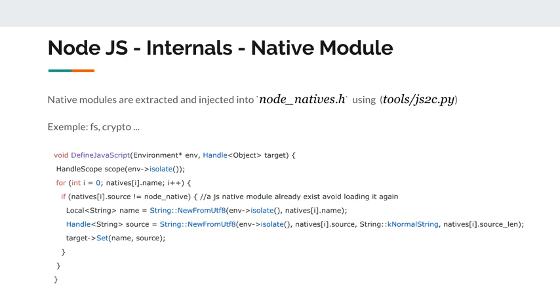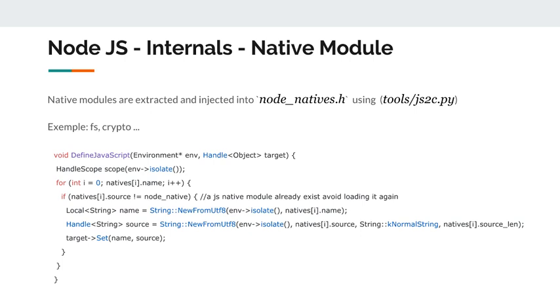This tool is a converter from JavaScript to C++. It's not a compiler. It won't convert any JavaScript into C++. What it does is extract the JavaScript code inside the file and inject it inside a header, node_natives.h, in an array called natives.